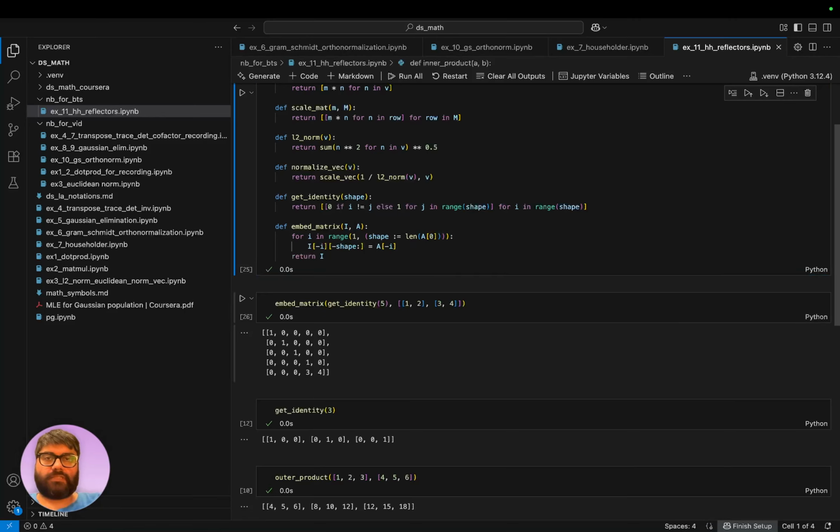Oh, len A0. That should work. And it did not. The 1, 2 disappears into the ether. Nope. Why is it so I -2?